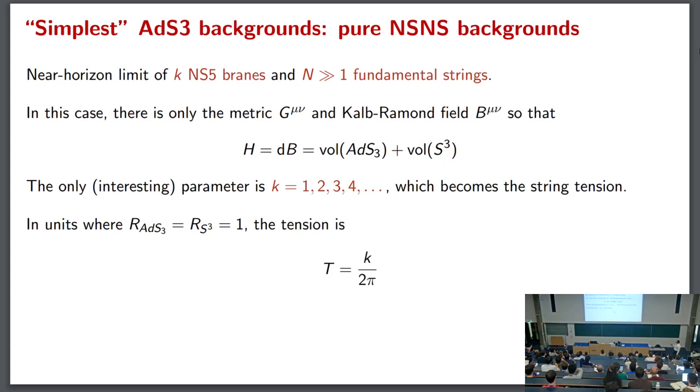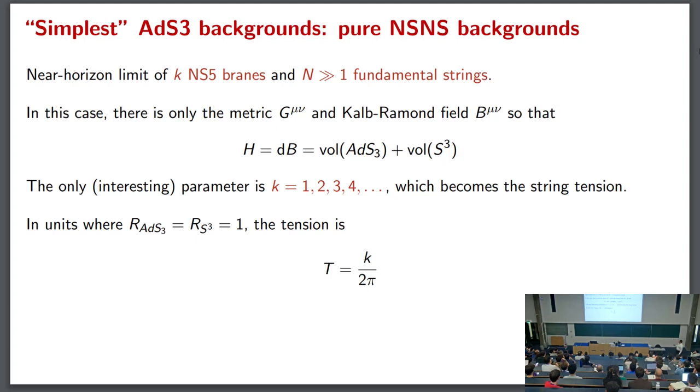So the only parameter here is a discrete parameter that comes from the number of branes, k = 1, 2, 3, 4, etc. And in fact, if you pick dimensionless units, so you make the radius of AdS and of the sphere to be 1, then the dimensionless tension of the string is basically k over 2π. So that's the discrete parameter in this game.